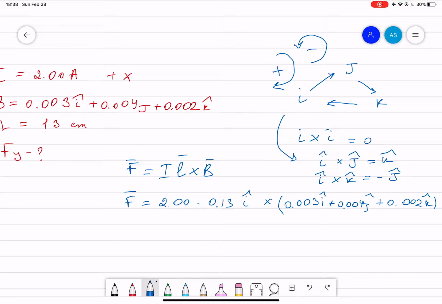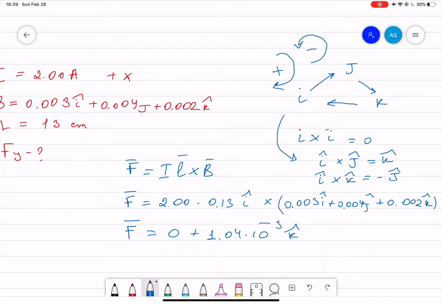so that means what we have here, 2 multiplied by 0.13 is 0.26. Okay, so i times i gives you 0. i times j will give you a k. That means 0.26 multiplied by 0.004 gives us plus 1.04 times 10 to the power of minus 3 k vector.